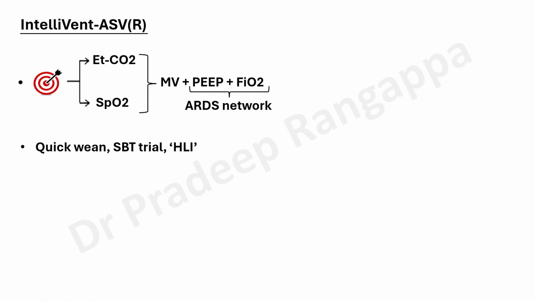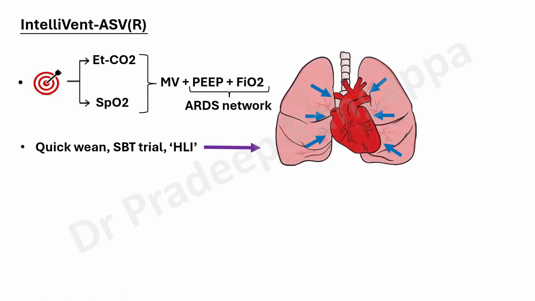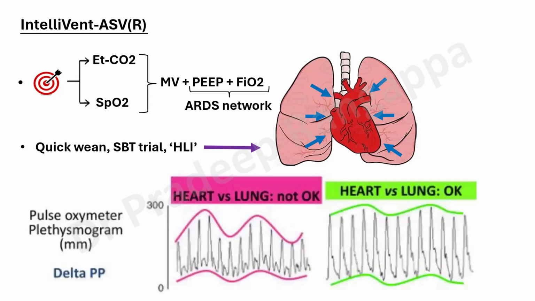And there is something called quick wean in IntelliVent, and there is an SBT trial, and there is the heart lung index. So these are the newer parameters included in IntelliVent. The heart lung index basically is to determine the hemodynamic effects of the ventilatory settings that you put, or the ventilatory parameters that are causing hemodynamic disturbance. It uses the pulse oximeter plethysmogram.